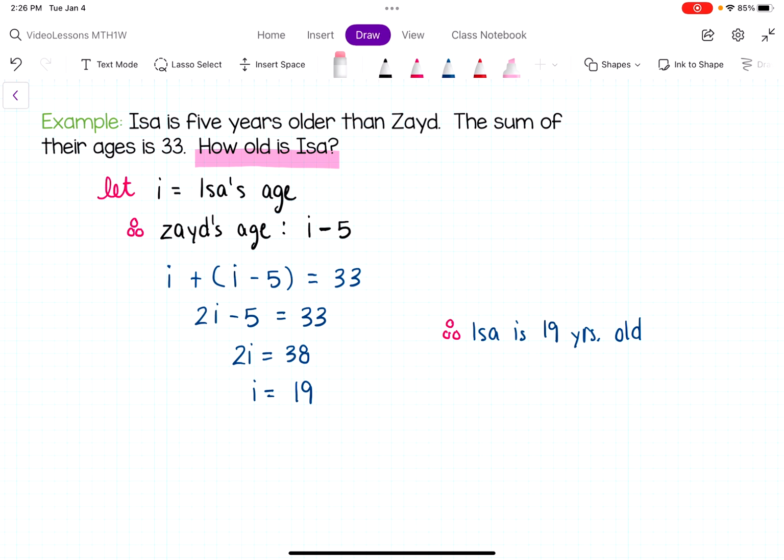So that's what we would do if they asked us, how old are the boys? Or how old are each of the boys? It doesn't matter which variable. But it's just kind of forward thinking where they're asking for Isa's age. So we are going to write everything in terms of Isa's age.